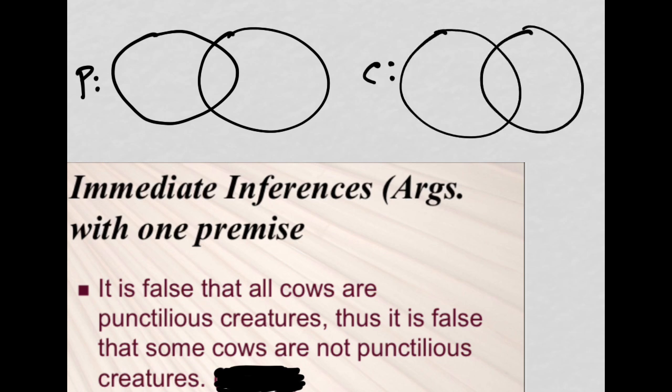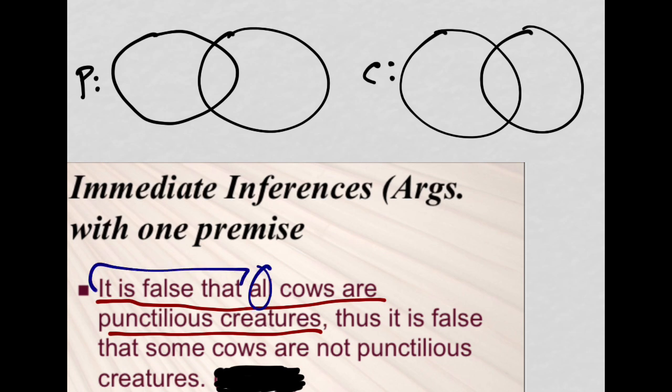And so our premise then, which I hope you can see here, is that it is false that all cows are punctilious creatures, right? And so what we have is our quantifier, all, and before that we have this "it is false that." And you're going to see that on some of these arguments.